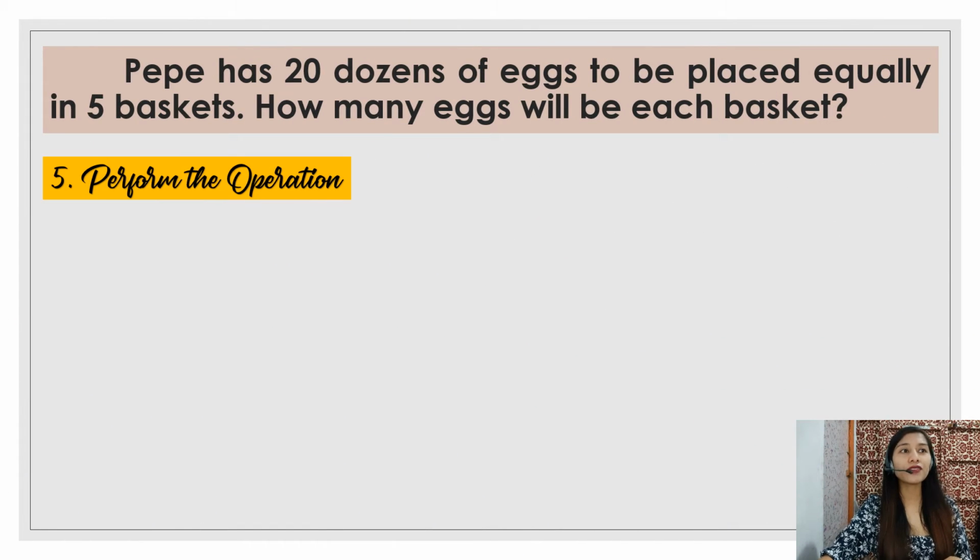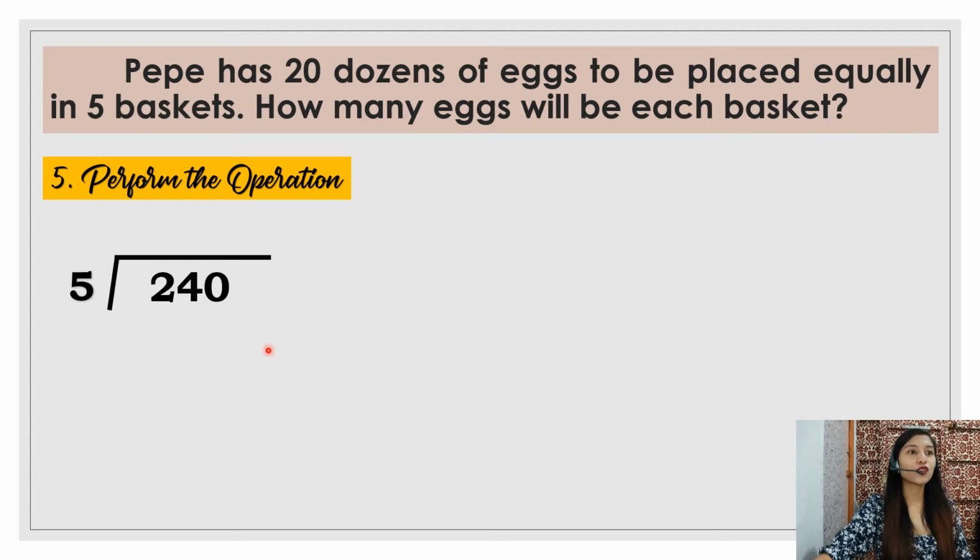Okay? Next, number 5. So number 5 is to perform the operation, or this is the solution. This is the part where you are going to solve the problem. So first, 240 divided by 5. So 2 cannot be divided by 5. So we add 4.